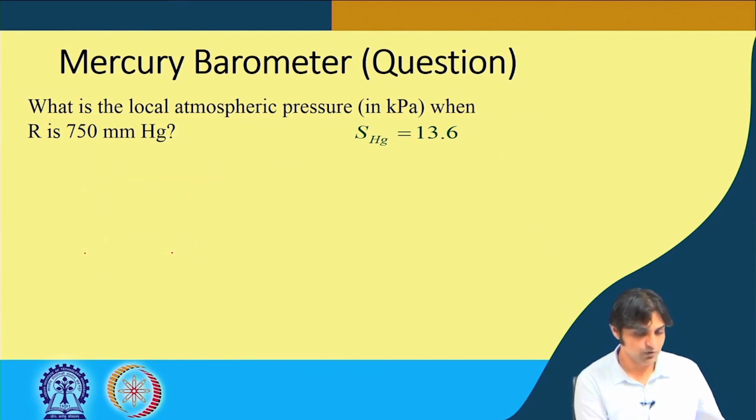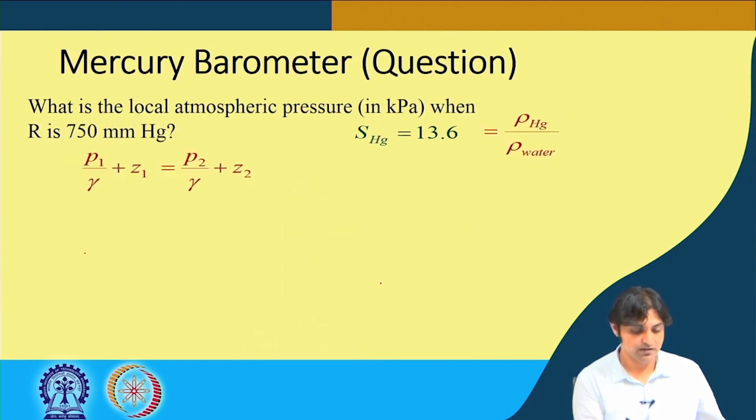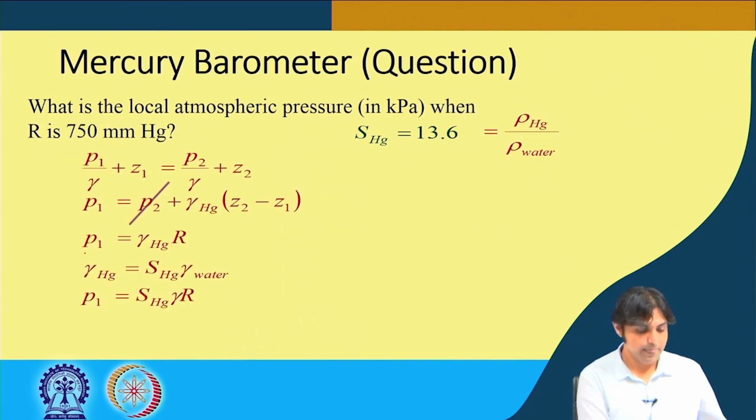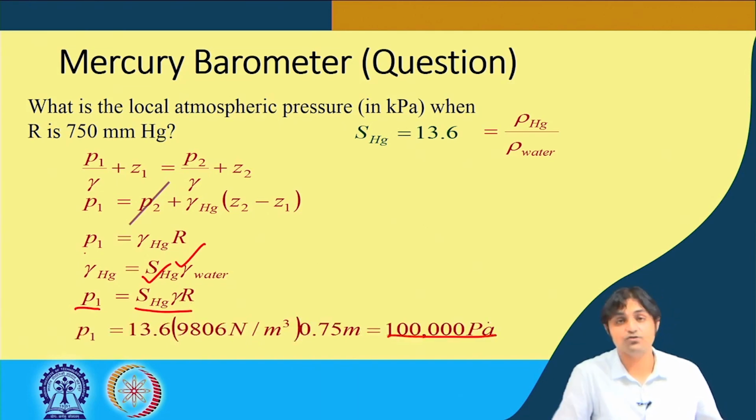If you just go back here, this Z2 minus Z1 is R. So gamma Hg can be written as specific gravity of Hg into gamma water, right? So pressure will be S Hg gamma into R. On calculation, it is going to give almost 100,000 Pascal.